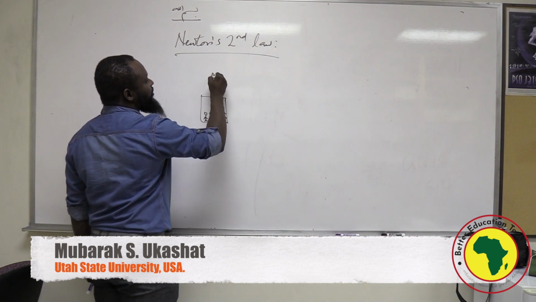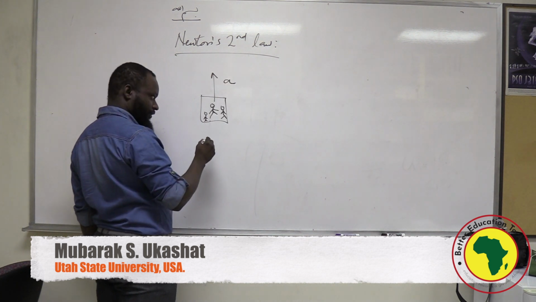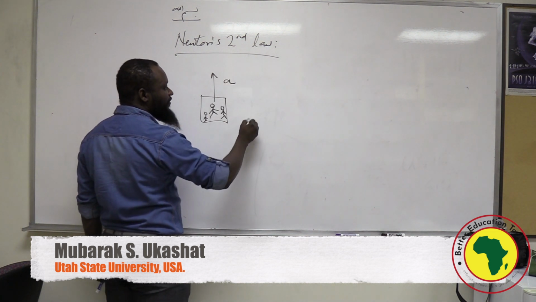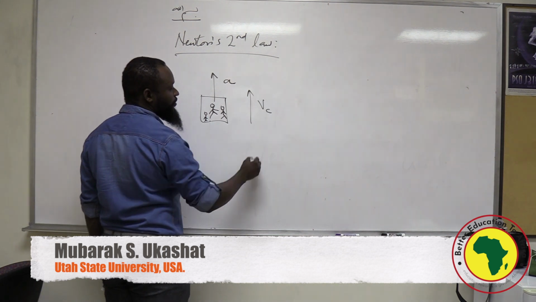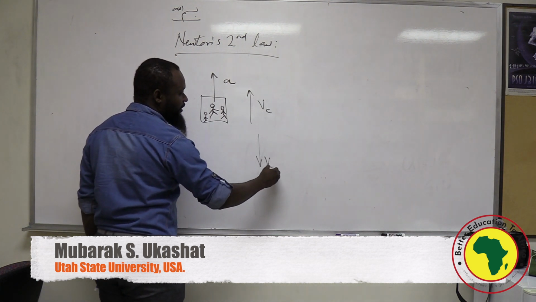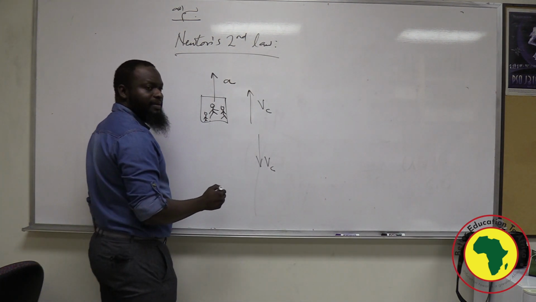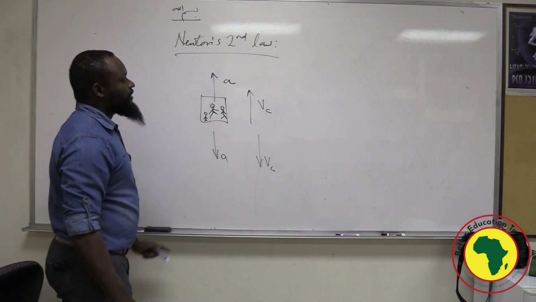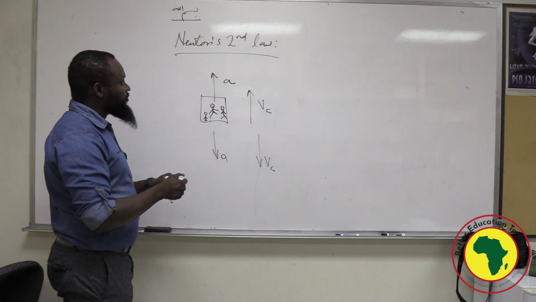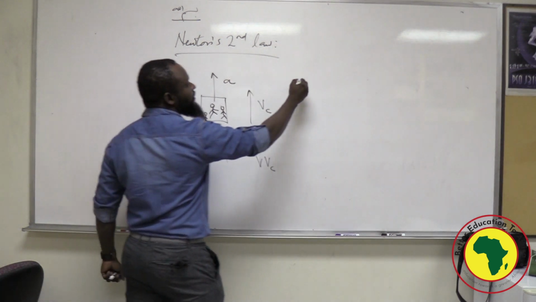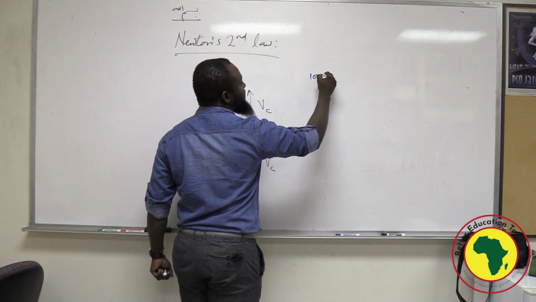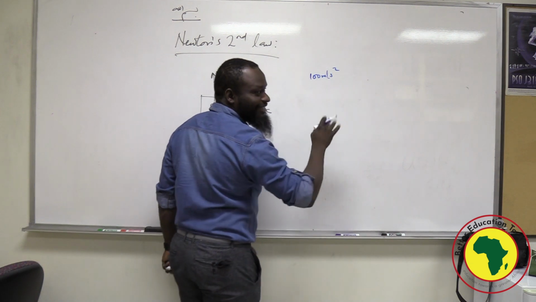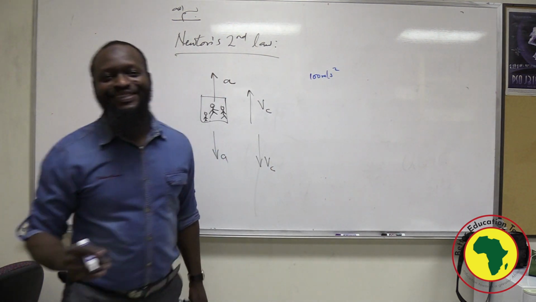So sometimes the elevator might be accelerating up, or moving at constant speed up, or moving down at constant speed, or it might be accelerating down. Is that okay? So in which case, if we say it's going up with an acceleration of say 100 meters per second squared, that's pretty fast, but just in case.